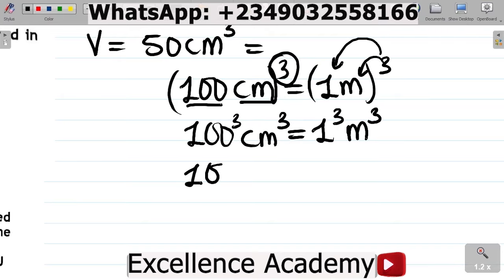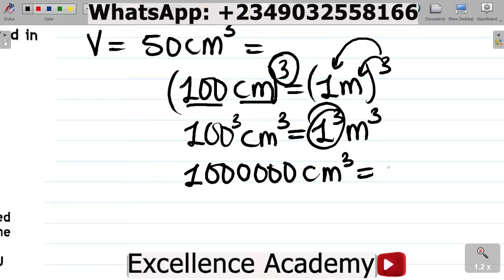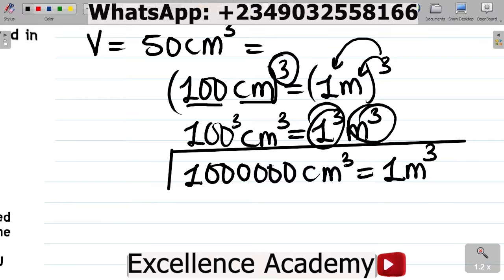So 100 to the power 3 gives you 1 million cm cube. So 1 million cm cube is equal to 1 cube, which is 1, meter cube. So basically, this is the relationship between centimeter cube and meter cube.